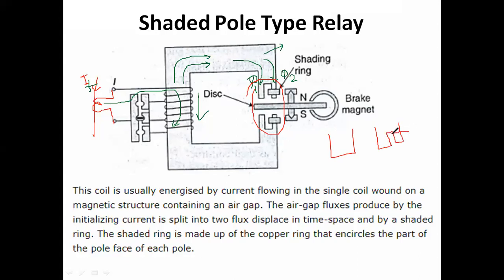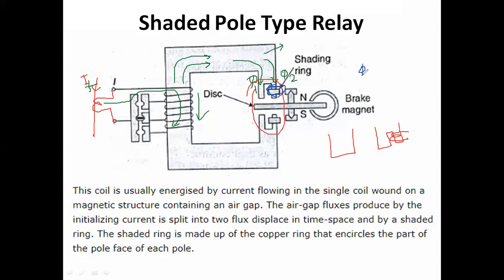To provide a shading coil there. This is basically the shading coil. One coil is there, called the shading coil. Now what is the purpose of this shading coil? The shading coil mainly produces the phase angle difference between phi 1 and phi 2.